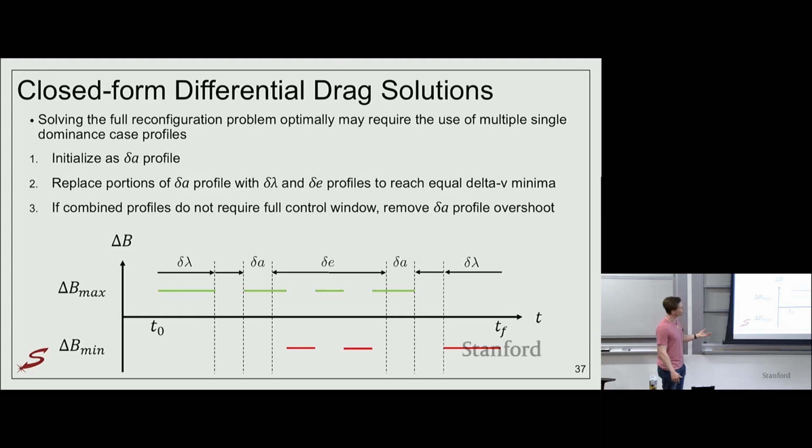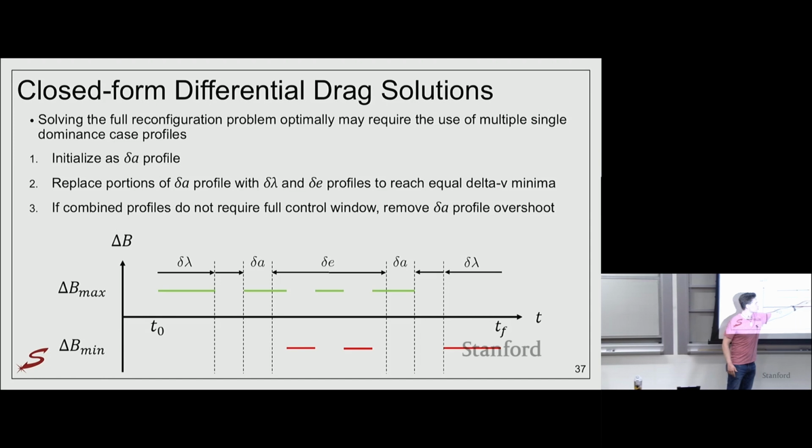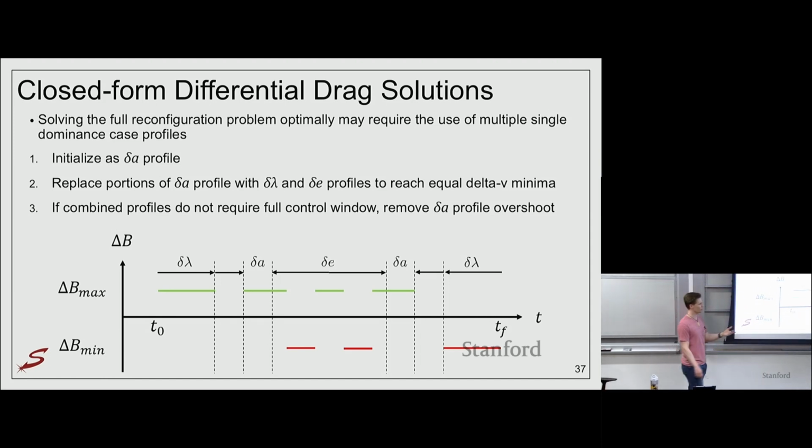As for the mechanics of this, you start with just the delta A profile, and then you apply or replace portions of the profile with the delta lambda profile and the delta E profile until their costs are equal or you've effectively found the optimal cost. If you happen to overshoot, which is a problem if you're using a control window long enough, you might actually end up with negative delta V minima. You can then reduce the amount of profile remaining that has overshoot.